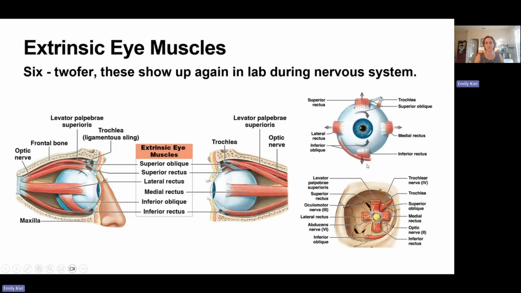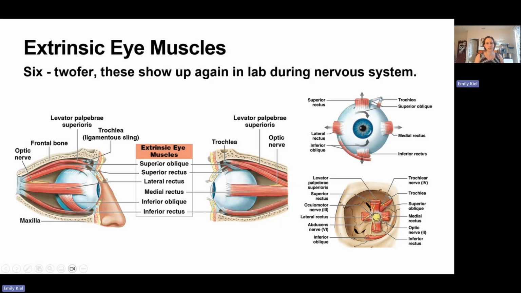So you have your inferior oblique, and if we look here, we can see that inferior oblique goes from the lateral part, so we're kind of underneath that lateral rectus, and then comes around to the bone here. And when contracted, it allows the eye to look superiorly and laterally.